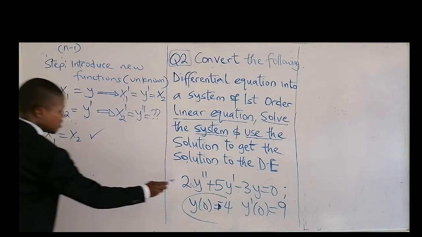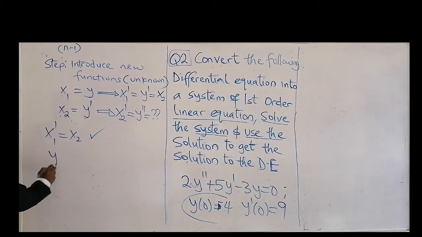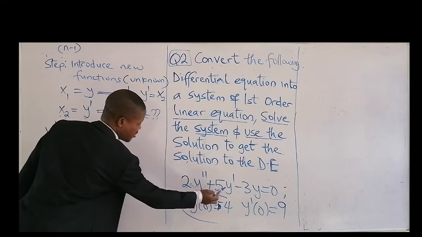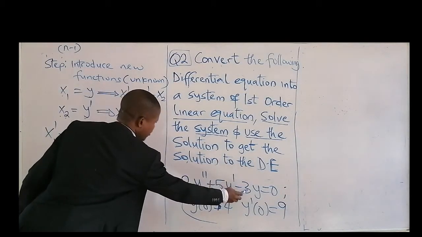Then for this one, make the second differential the subject. If you do that, and then you divide the equation by 2. This one by 2, this one by 2, this one by 2. Okay? Move this one to other side, move this one to other side.